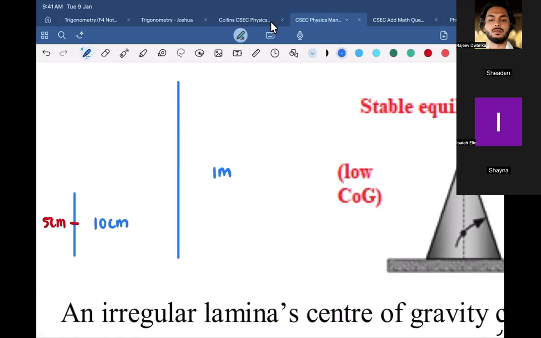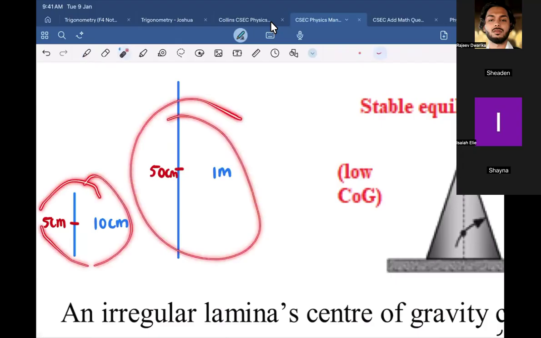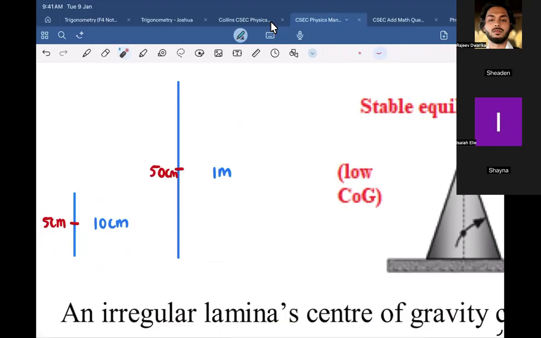Okay, you stack it up to 1 meter now. Again, provided that all the Lego blocks have the same weight and are uniform, the center of gravity here would be 50 centimeters from the ground. So which one has a lower center of gravity, the 10 centimeters or the 1 meter? The 10 centimeters.